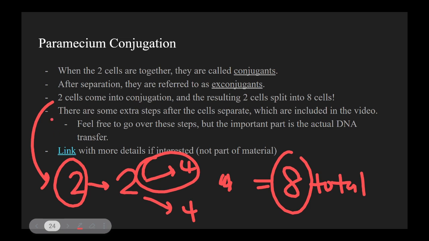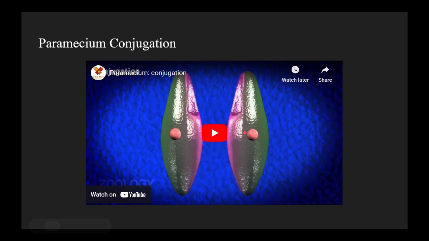And I also left a link here that has more specific descriptions of each step if you're interested. And this is not required by any means. So yeah, I have 2 videos here, and I won't play them right now, but you guys can go and watch them on your own time. But hopefully this gives you a good basis for the protists on the list of microbes and agents.